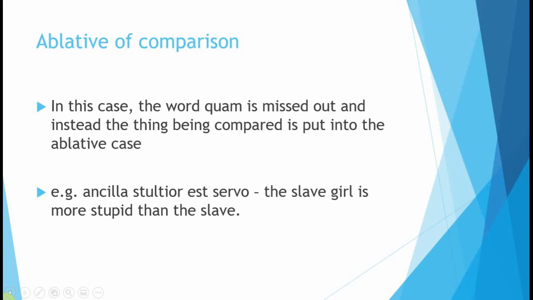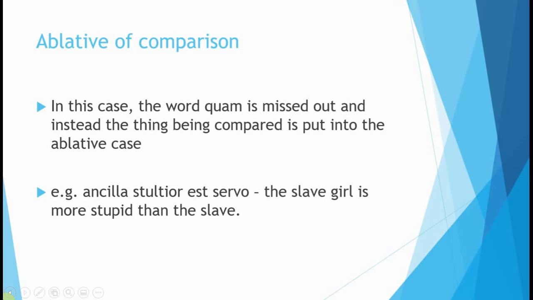Hopefully, when we come to it in year 10 or year 11, you will be able to tell me that the ablative has different uses. When it's an ablative of comparison, the word quam is missed out. Instead, the thing that's being compared is put into the ablative case.